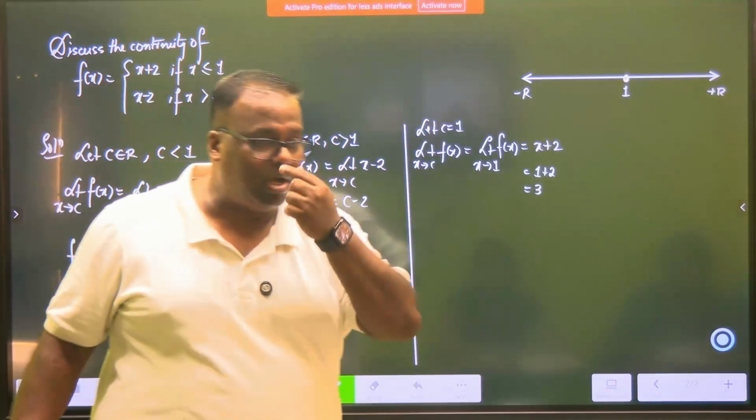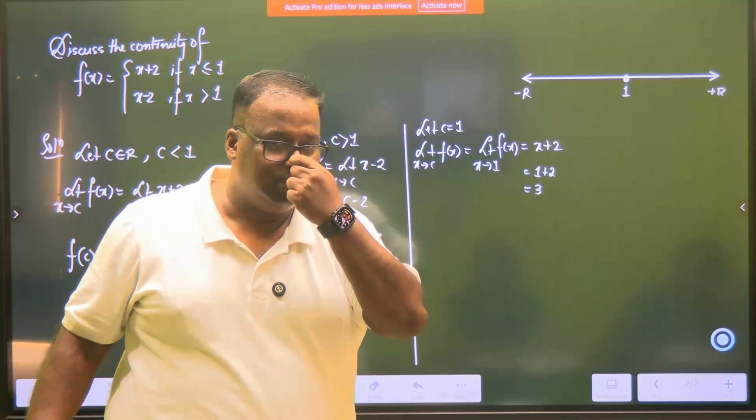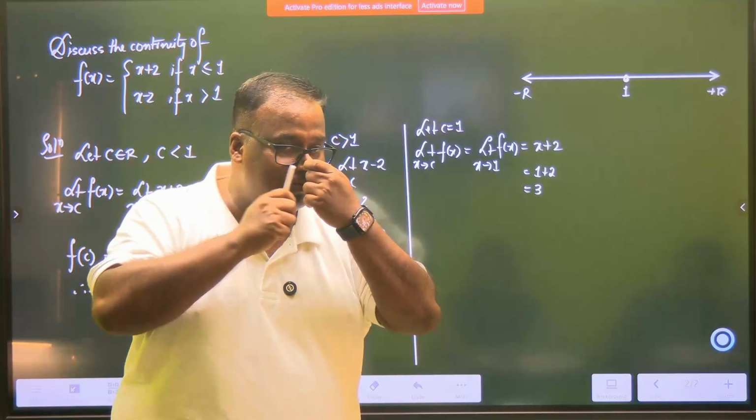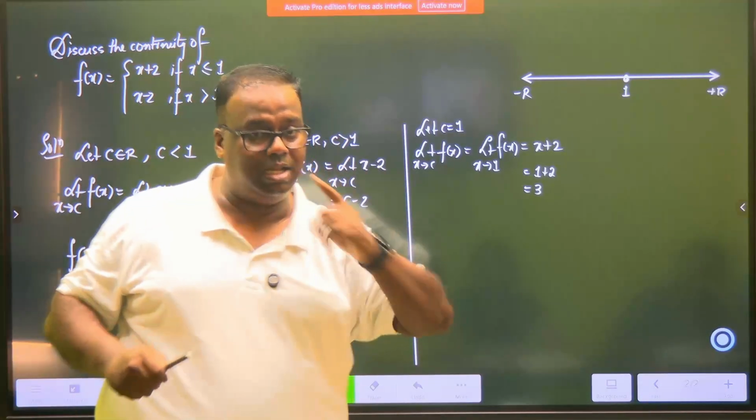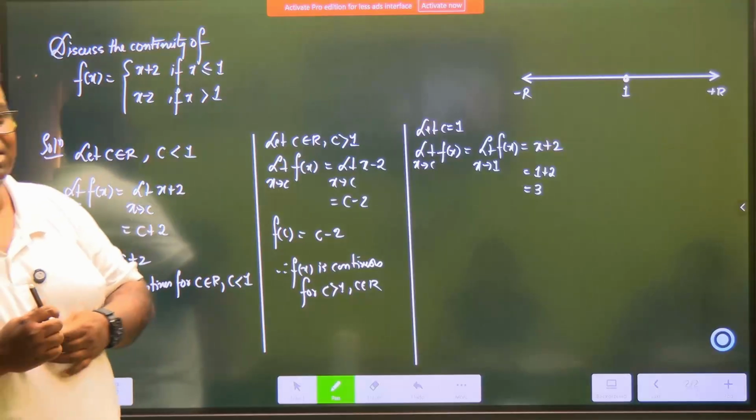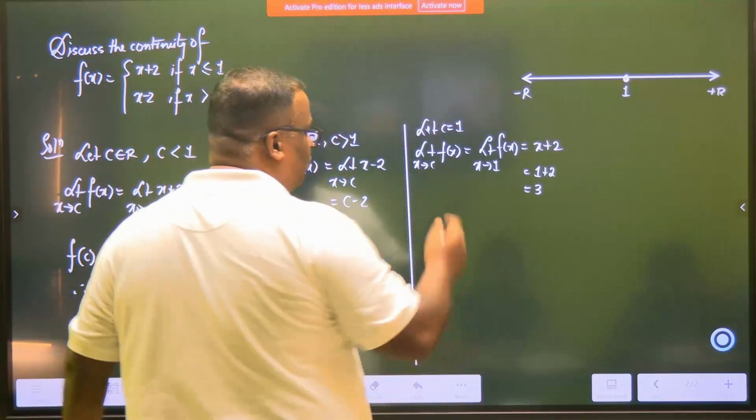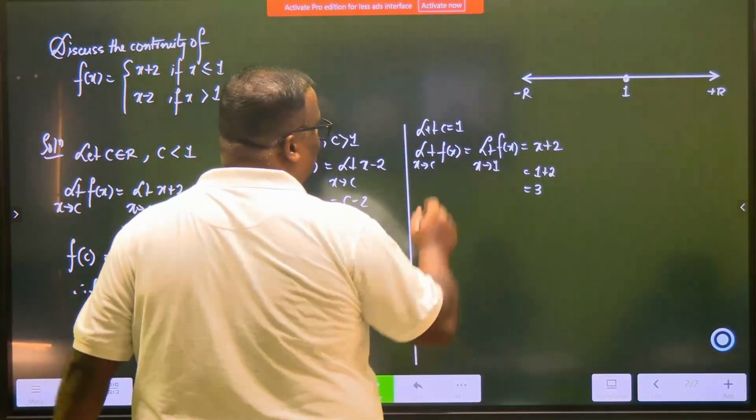See, the function value is just the value at that point. The limit value can come from the left hand side, and can come from the right hand side. Here we are not allowed to go in this manner.